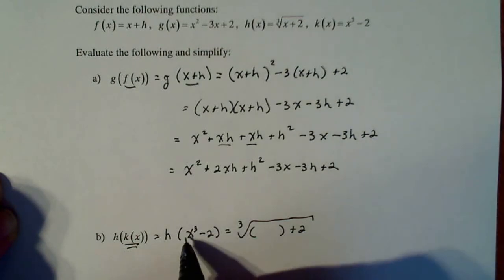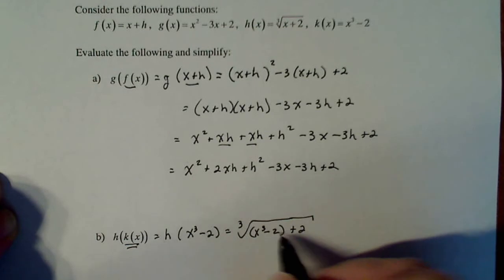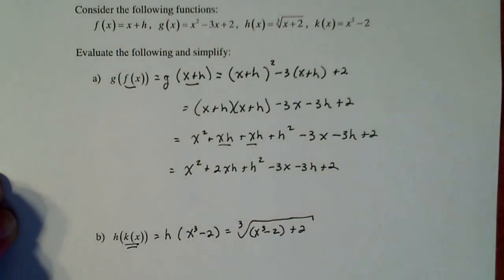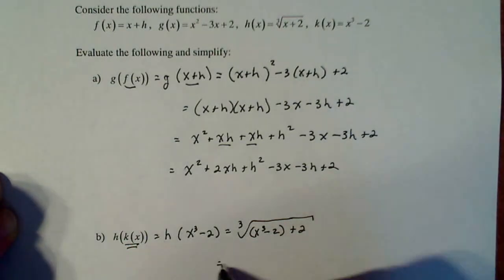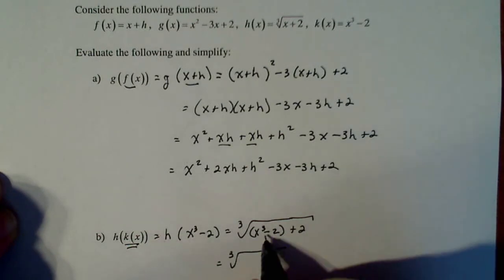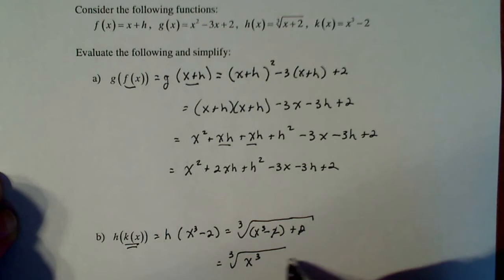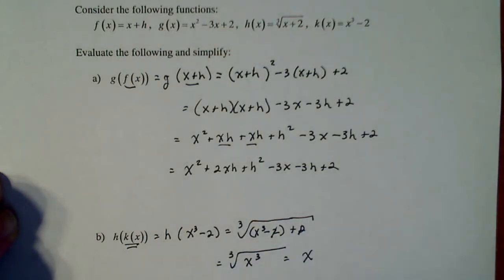And whatever replaced x in h in my evaluated function, I just have to replace it in the parentheses, x cubed minus 2. That way I make sure I have all the signs right, I have all the order right, I have everything right. Now this is going to equal the cube root of, well, minus 2 plus 2 is 0, so it's going to be the cube root of x cubed, which turns out in the end to be x.